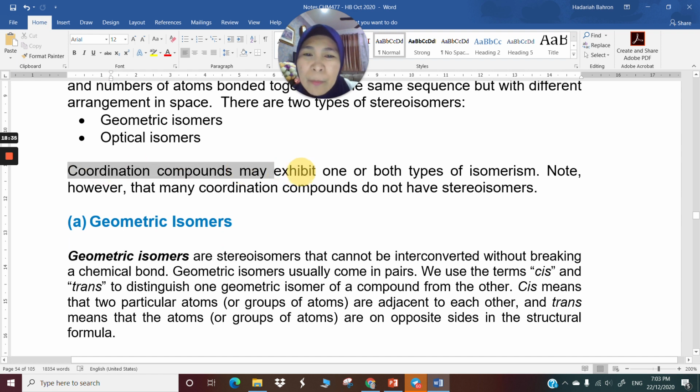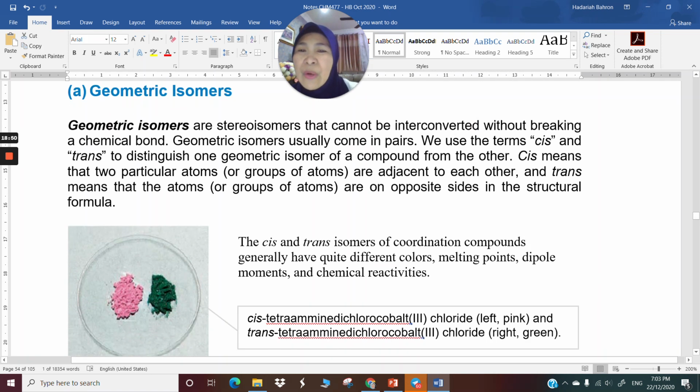Now, coordination compounds may exhibit one or both types of isomerism. Note, however, that many coordination compounds do not have stereoisomers. You'll see why. Now, we go through the easier type to understand, which is the geometric isomers. Cis and trans.